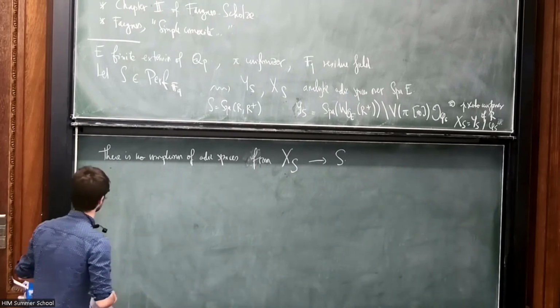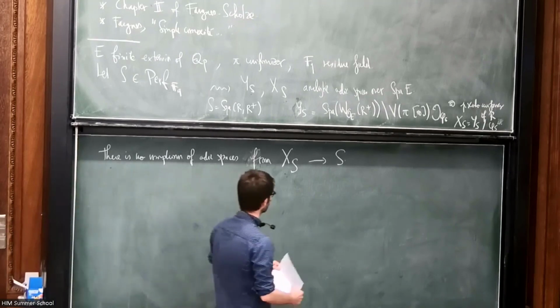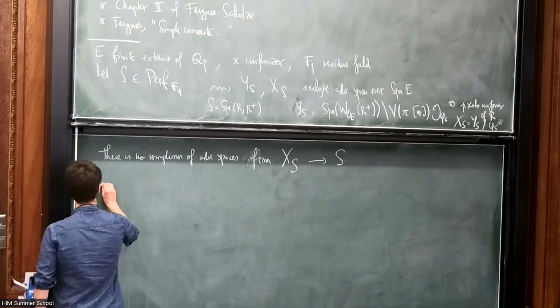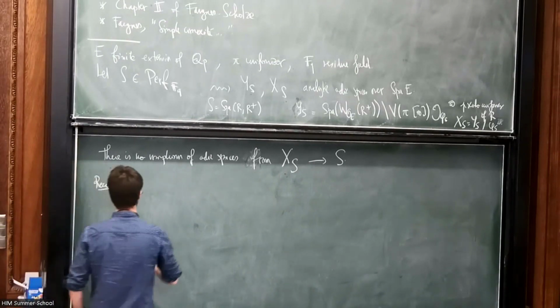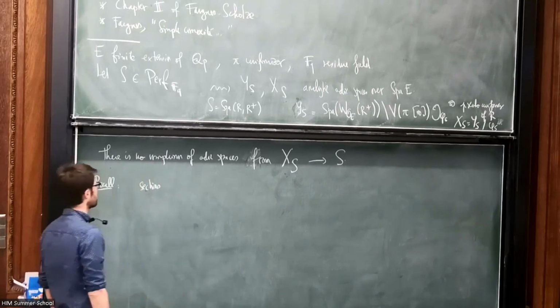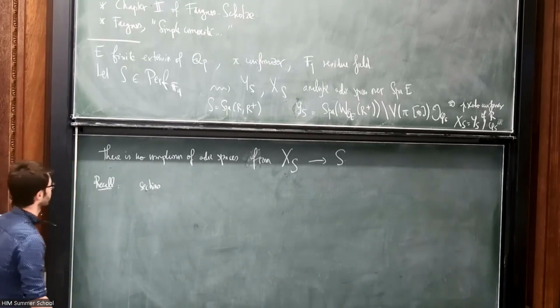And in fact, however, there is somehow a way to think of X_S as living over S. And for this, let me also recall something that you did mention, which is that we know that we have this nice diamond product formula for the diamond of Y_S.